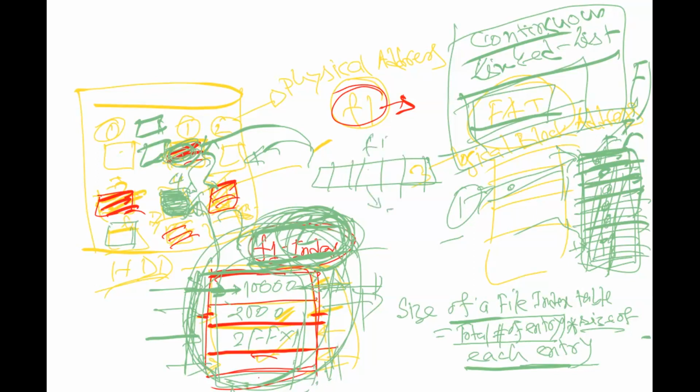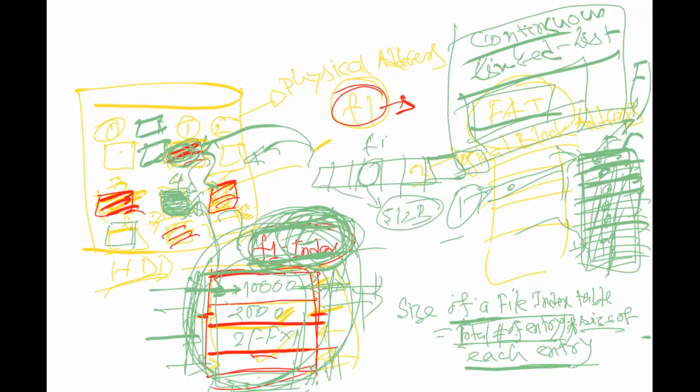A block is, in most cases, 512 bytes. So depending on your file size, the number of blocks will increase, and the number of entries for the file index table will also increase. So this is the total number of entries for this block.